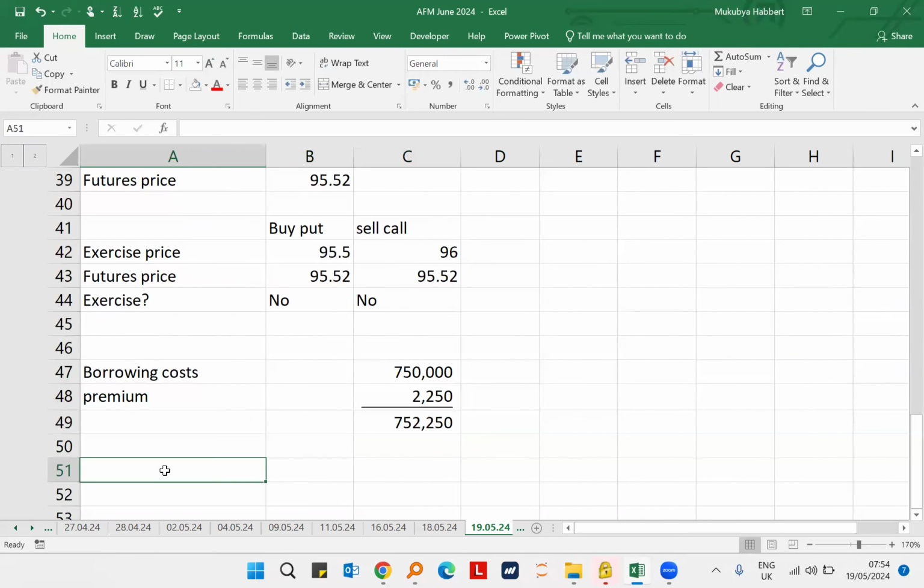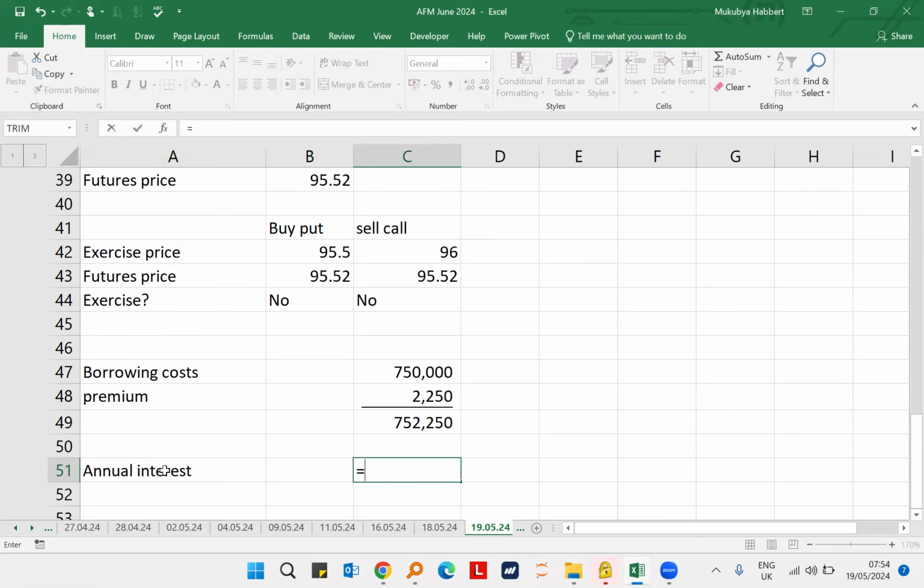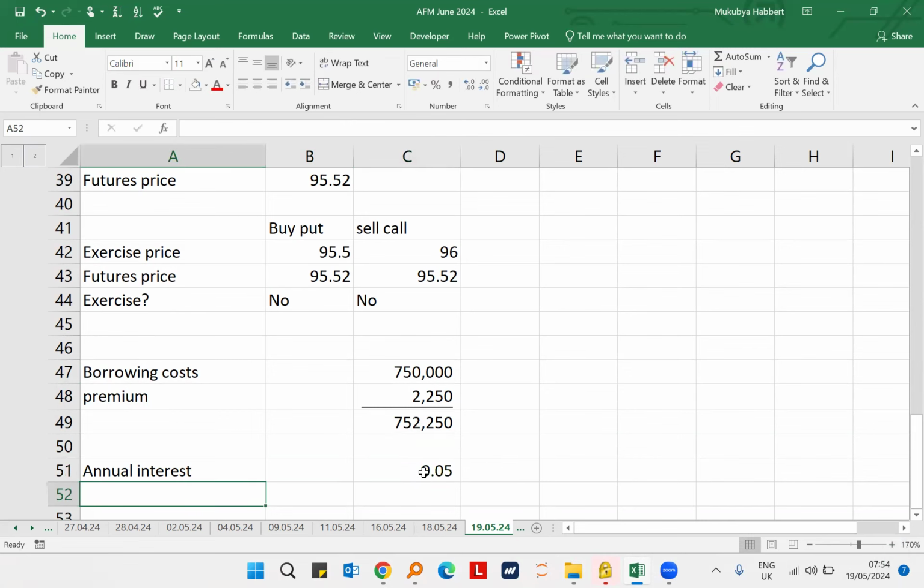So therefore, if you put it in terms of annual interest, it means that you're going to have this interest divided by 36 million. But now this is only for 5 months, so we need to scale it for 12 months, which gives us 5%.